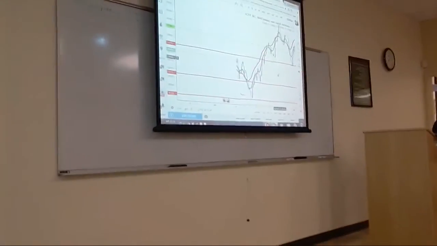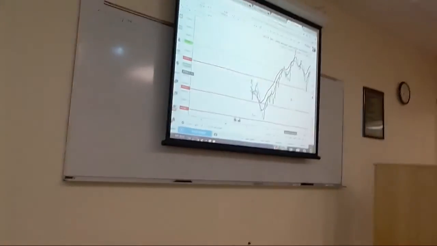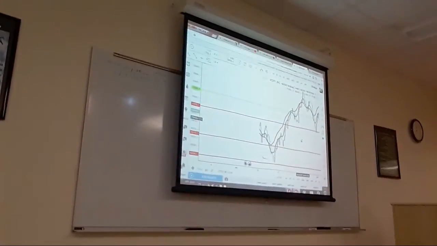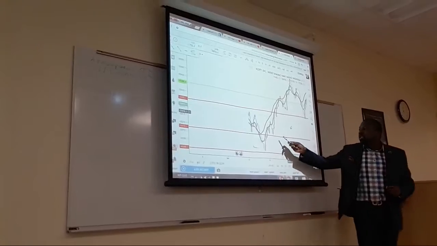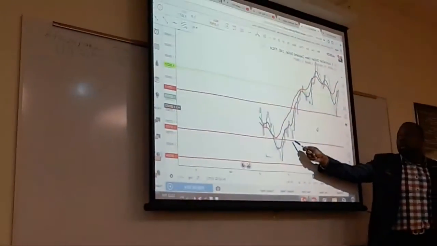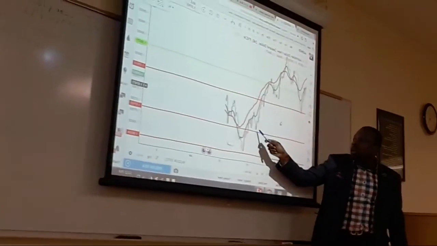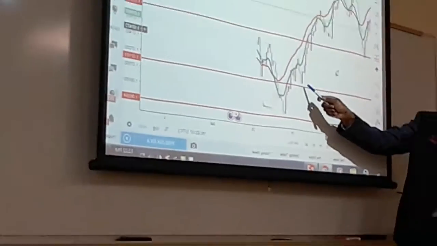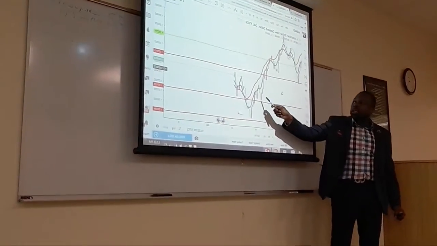What did it do when it hit the ceiling? It bounced back down. Now this really shows that this is an area of support, because it wanted to bust through here before and wasn't successful. It just wicked it, and it came up.